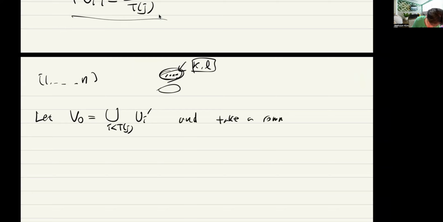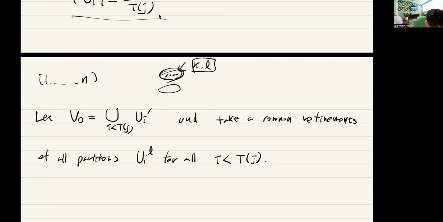Take a common refinement of all partitions u_ij for all i smaller than Tj.